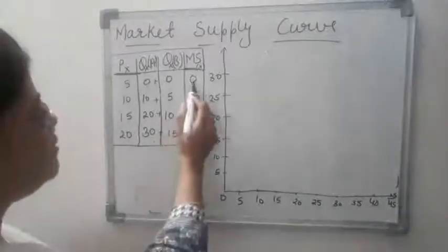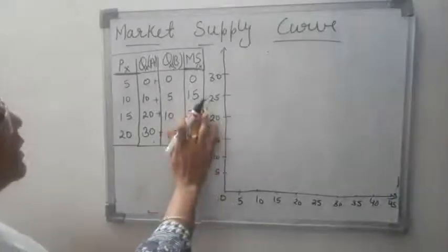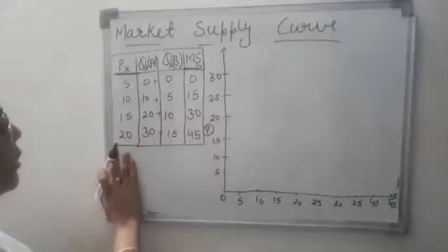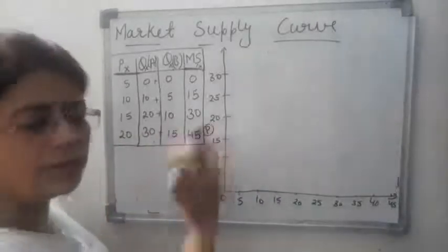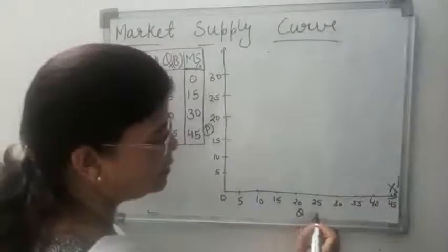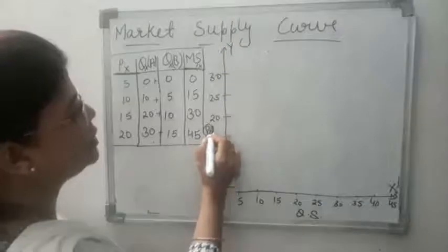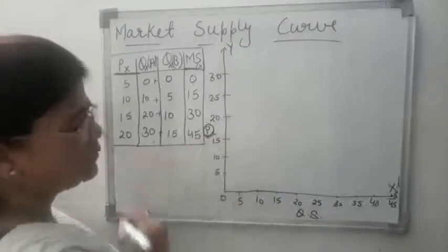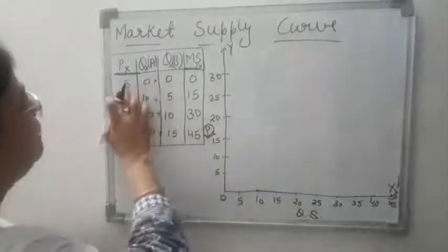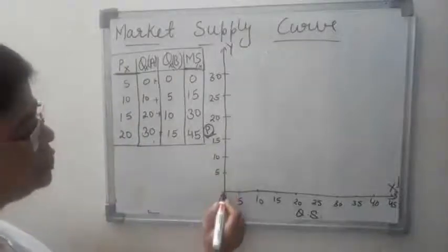So market supply we have got here and now I am plotting the market supply according to the price on the graph. So here on the x axis I am taking quantity supplied, on the y axis I am taking here price. So when price is 5, market supply is 0.